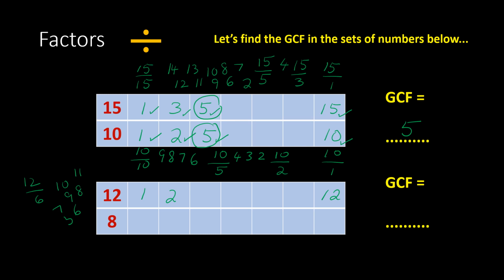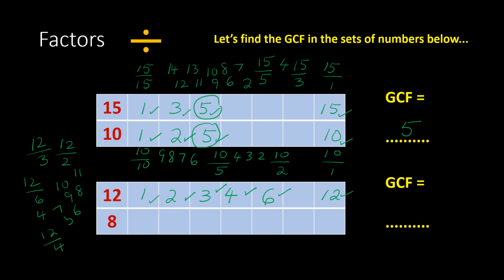How about 4? Yes. 12 divided by 4, you get 3. 12 divided by 3, you get 4. Yes, 12 divided by 2, you get 6. And of course, 12 divided by 1, you get 12. So the factors of 12 are 1, 2, 3, 4, 6, and 12.